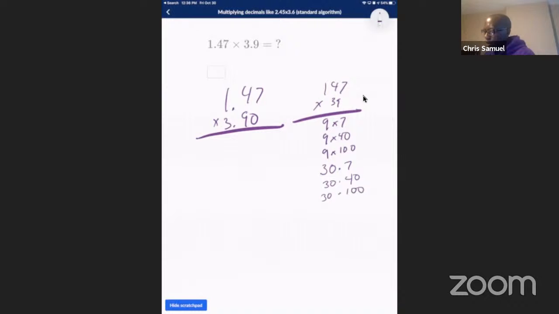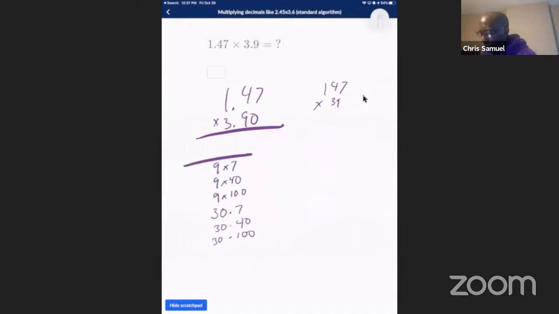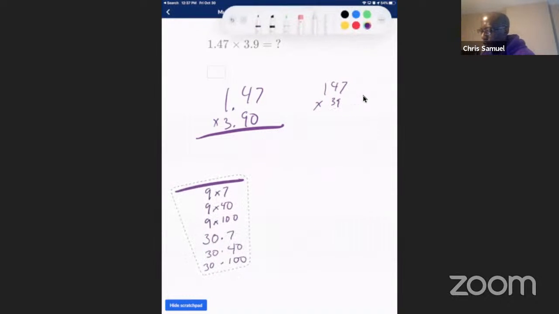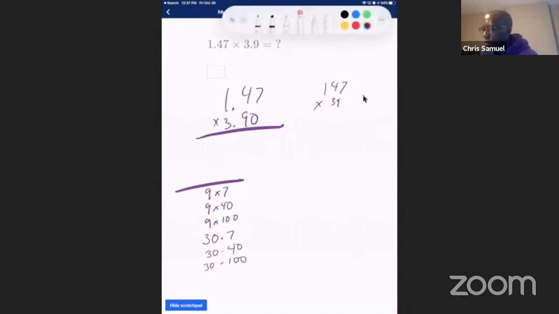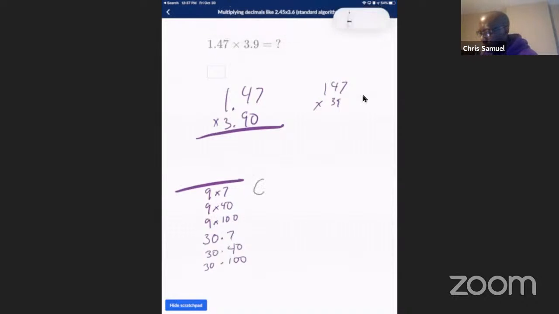So now we can go ahead and do the math over here. To make it easy for me, I'm going to just bring it down here and do the math. So 9 times 7, 63. Let me make sure I make it large and easy to do the math underneath it. Then we have 9 times 40. Well, 9 times 4 is 36, so 9 times 40 has to be 360.